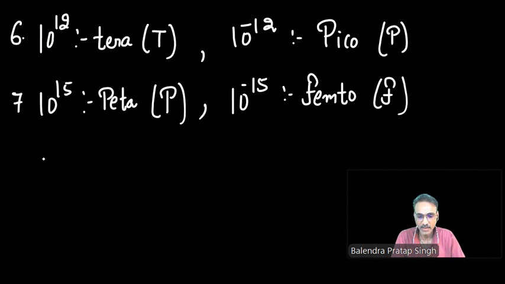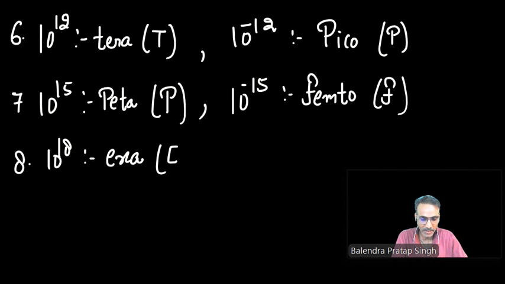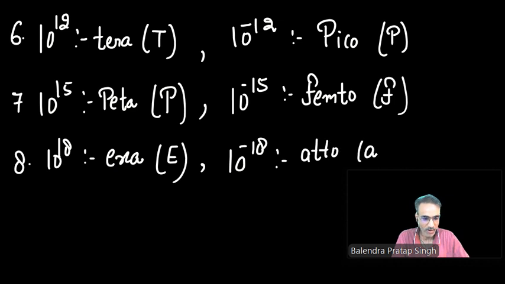Now the greatest one is 10 raised to the power 18, and this is exa, with the symbol capital E. And 10 raised to the power minus 18, which is basically inside the nucleus, we call atto, and the symbol is small a.